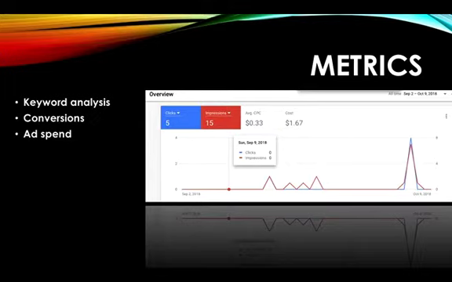You'll also notice that I have 5 clicks over that period of time and 15 impressions. This does seem rather low. However, I did run into a number of different stumbling blocks with the application of these different ad campaigns, and I can express those difficulties later on in the presentation.